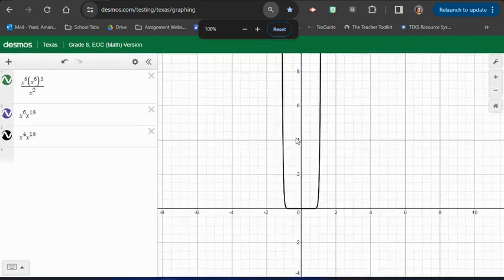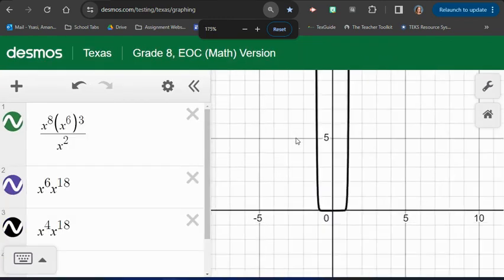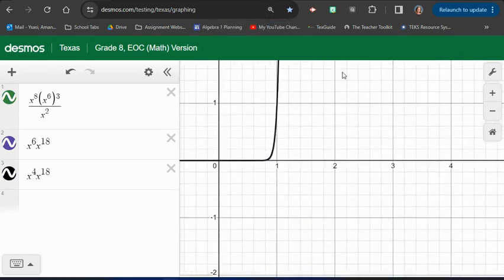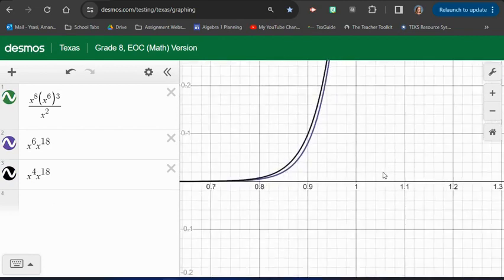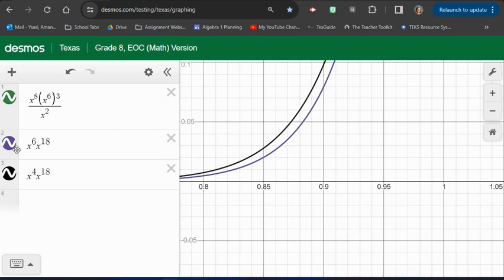No, that doesn't work. Oh, like that? Oh, so which one is not it? Blue is not it? So it's not B? Okay, so it is D. Thank y'all. I didn't see that because I wasn't zoomed in.